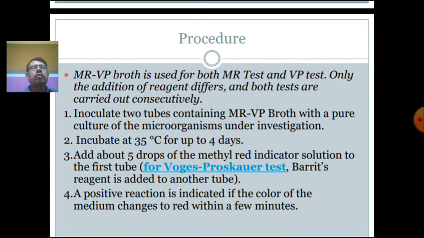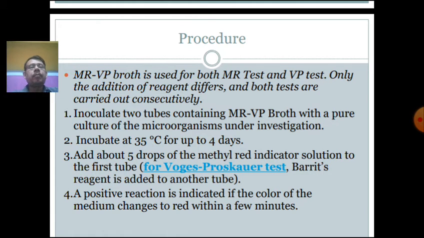For the main procedure, the MR-VP broth is used for both the MR test and the VP test. Only the addition of the reagent differs, and the broth tests are carried out consecutively. Inoculate 2 tubes containing MR-VP broth with a pure culture of the microorganism under investigation. Incubate at 35 degrees centigrade for up to 4 days.